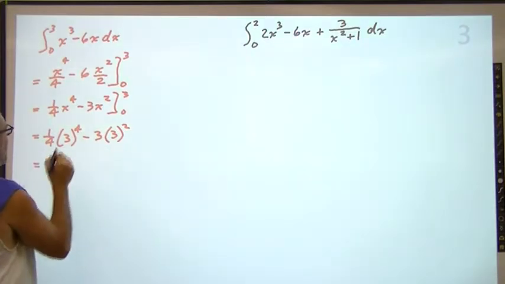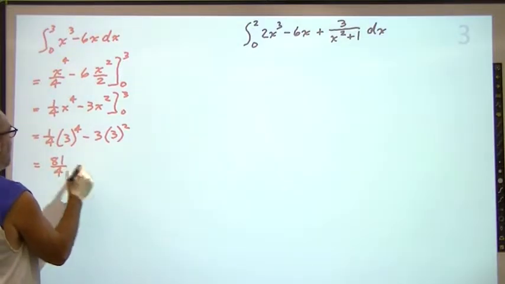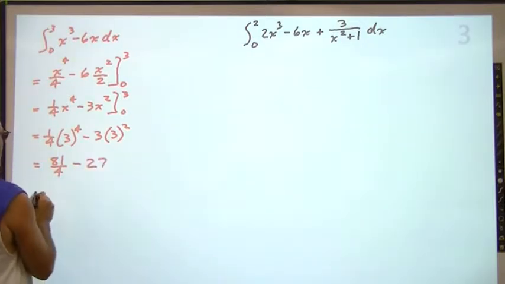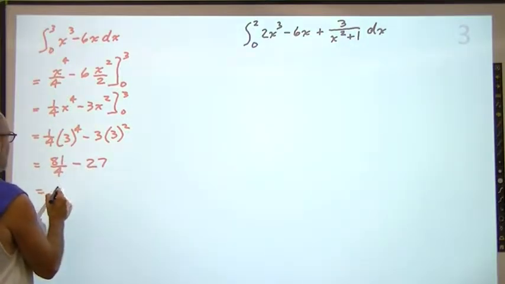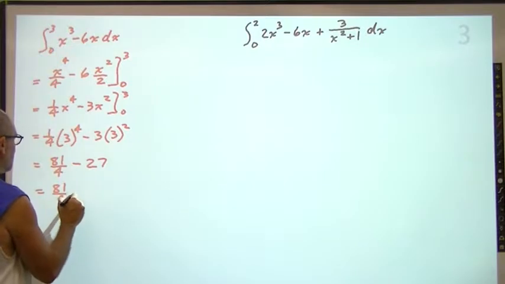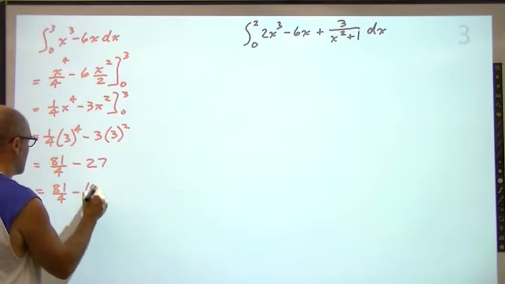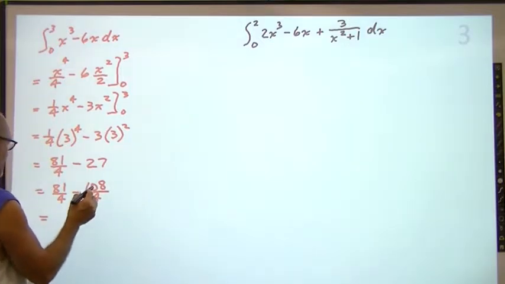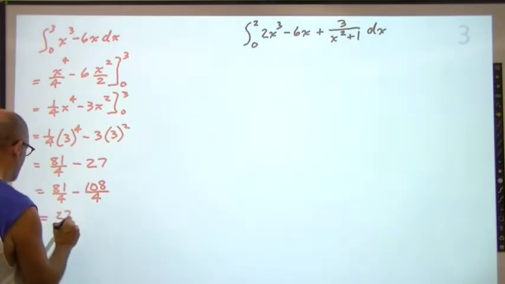So we've got 81 over 4, which is 20 and 1/4. Yeah, let's just go 81 over 4. Then minus 27. So how do we want to do this? Okay, let's just make this 4 times 27, and so we've got 108 fourths. So 108, 81, there's 19 and 8, 27 fourths.